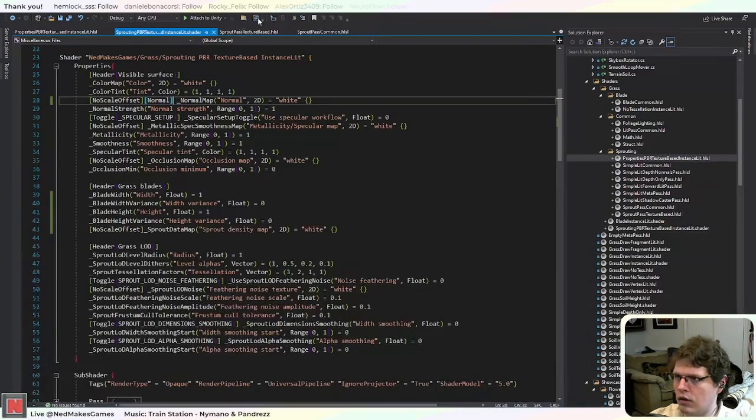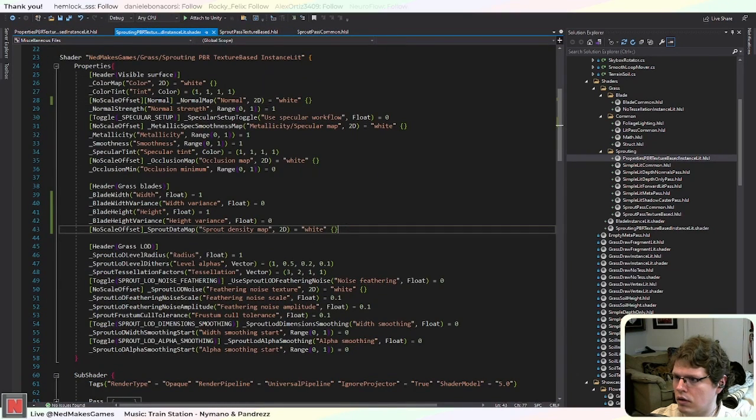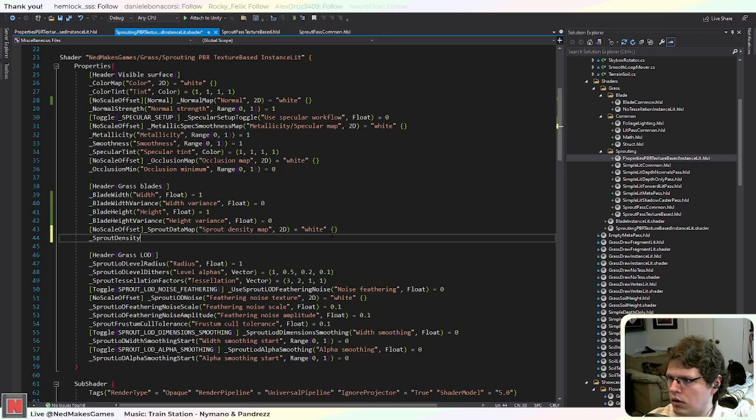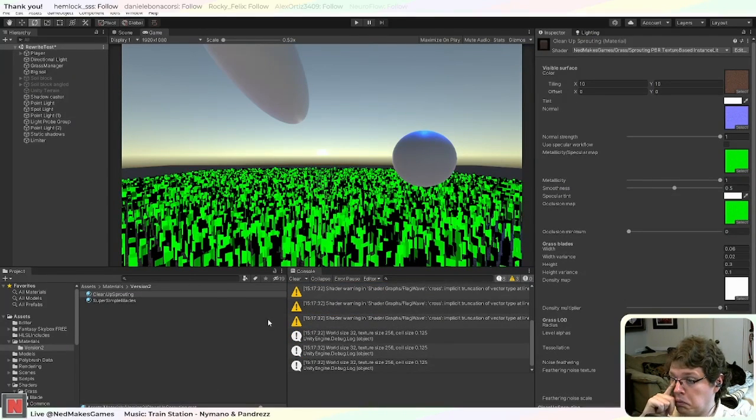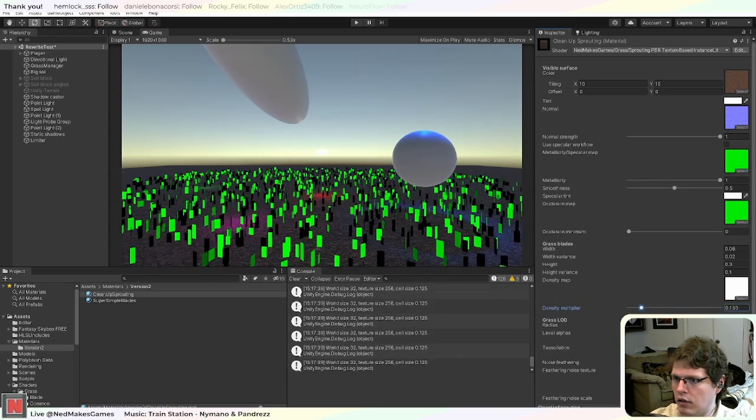Oh, but I think the reason is there's a sprout density property and it's set to 0. Okay, yeah, that was it. So now when I move this down, you can see the density of sprouts goes down.